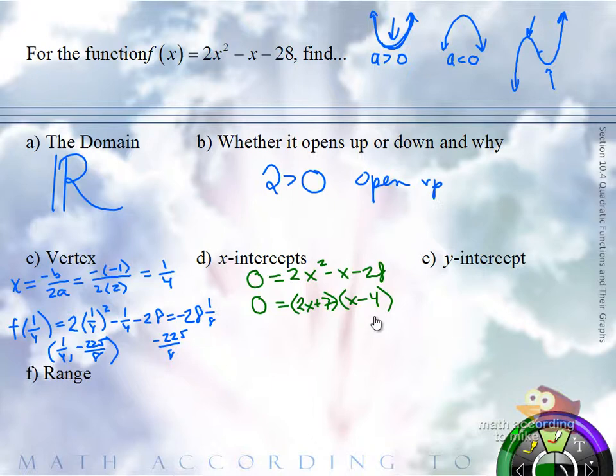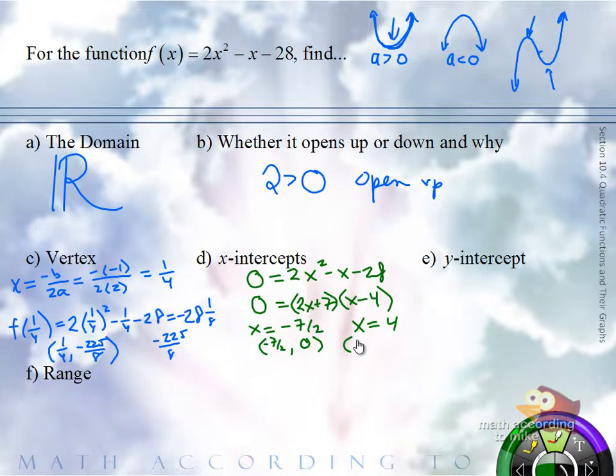Good? So what does it say about x? X equals -7/2, and x equals, so what's the corresponding x-intercepts? -7/2, comma, 0.